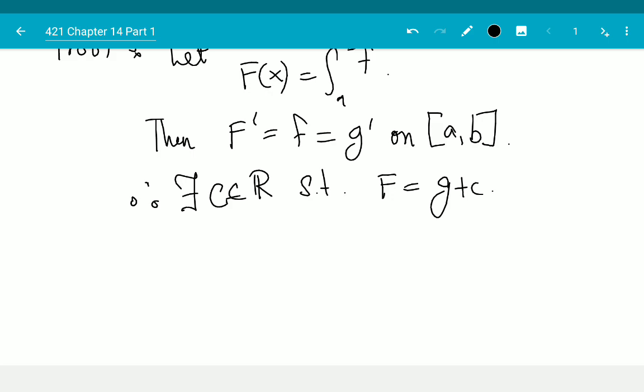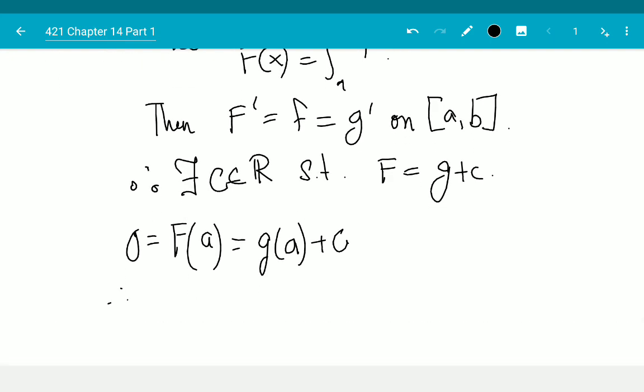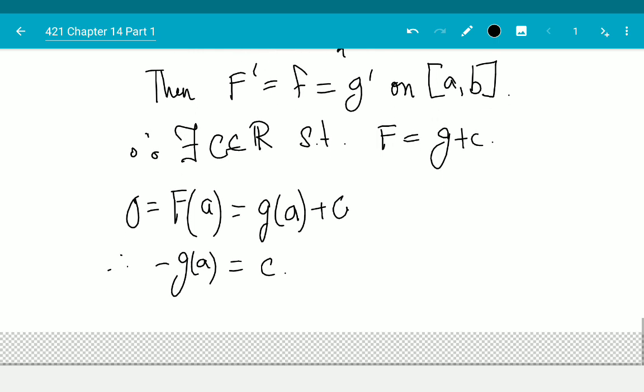Okay? And what is the C? Well, I know F(a) is equal to 0, because it would be the integral from a to a. Well, this is equal to g of a plus c. Therefore negative g of a is equal to c. Okay?